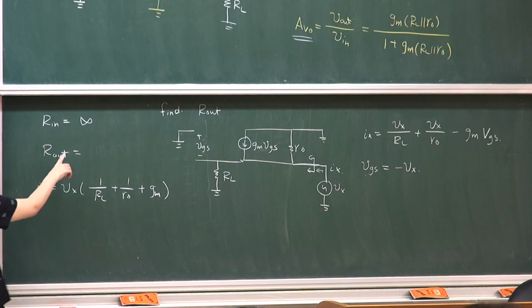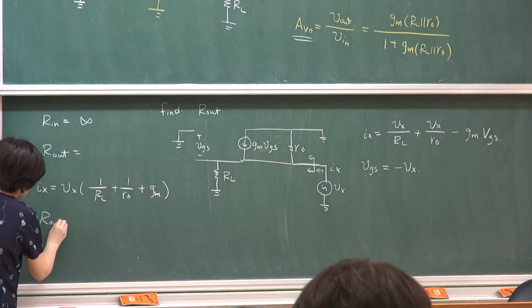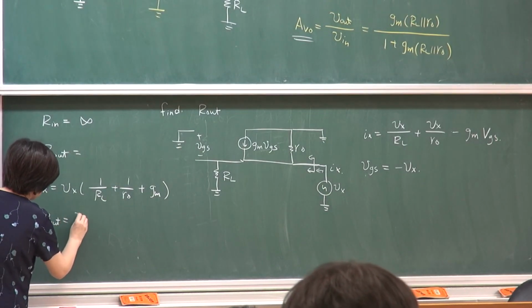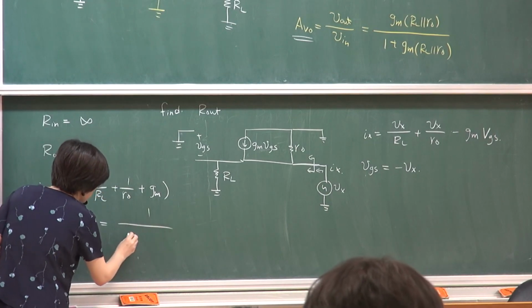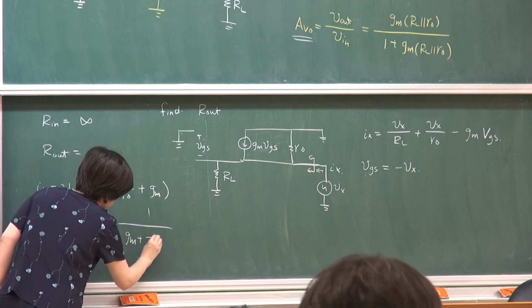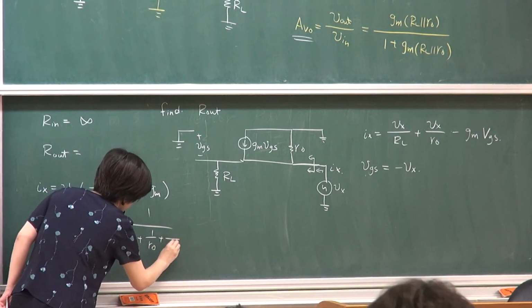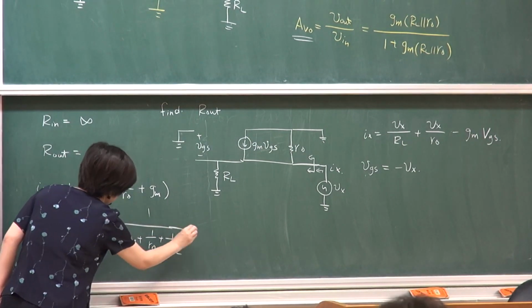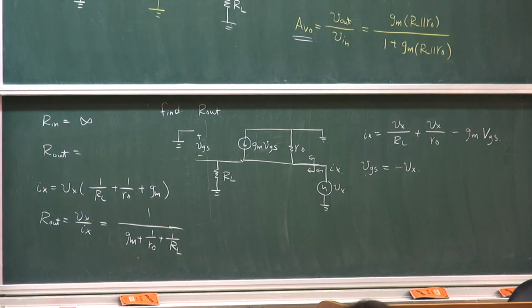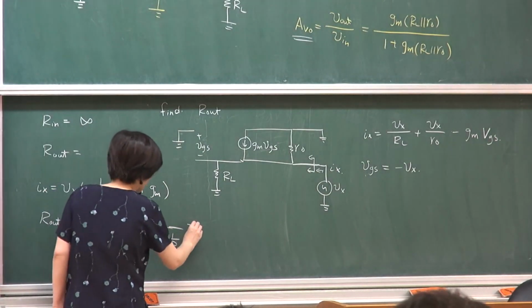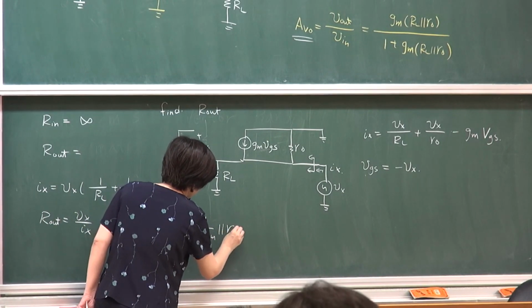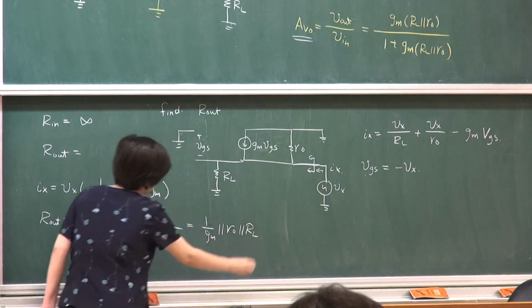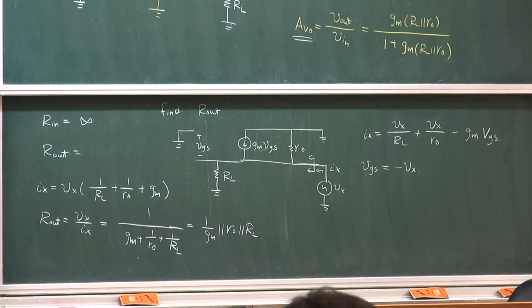Then you could write your R out. My definition is VX over IX, which will simply be 1 over GM plus RO plus R load, and this can be rephrased as 1 over GM in parallel with RO in parallel with R load. So that's my output resistance.